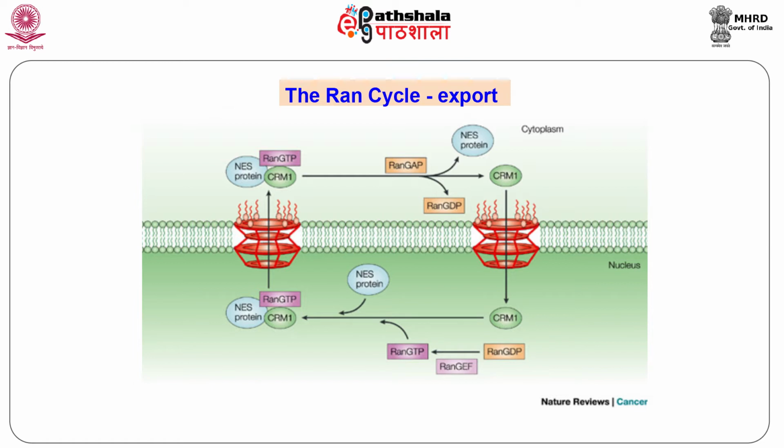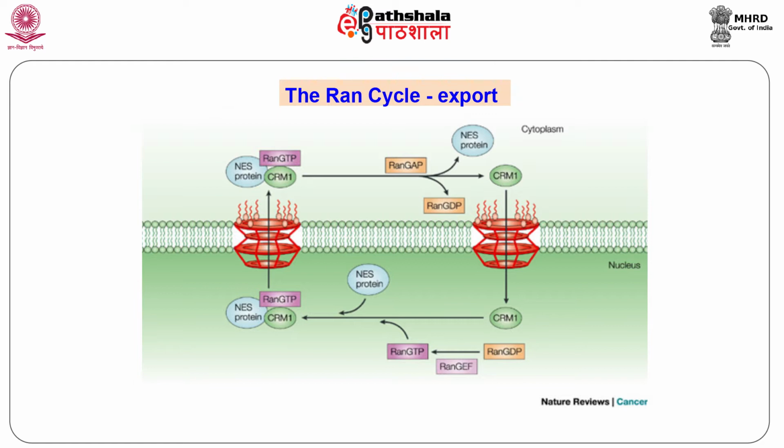CRM1 is then transported back into the nucleus where it can reassociate with a protein containing nuclear export signal and RAN GTP to start the process once again. Note that RAN GAP is localized in the cytoplasm.